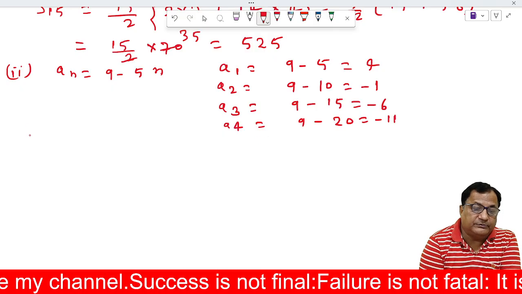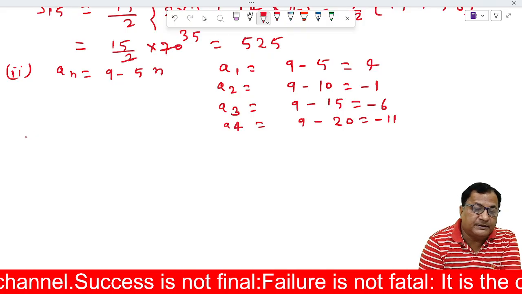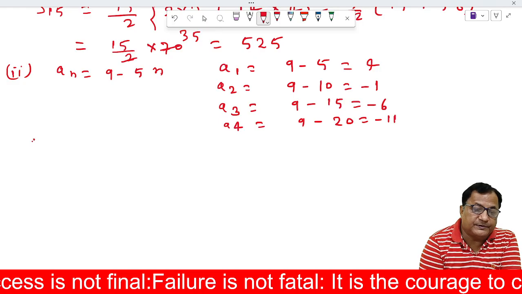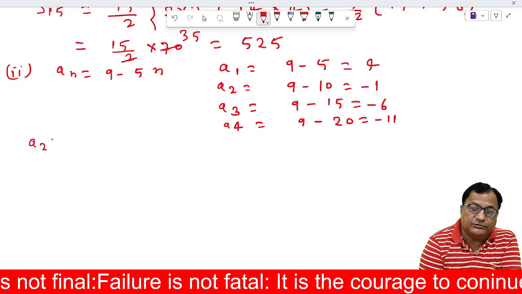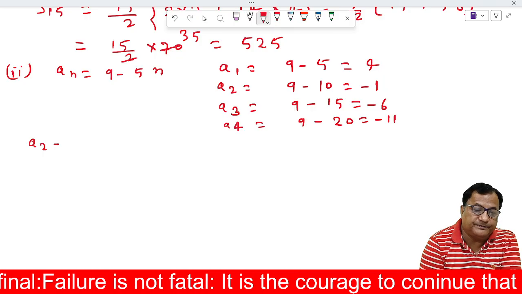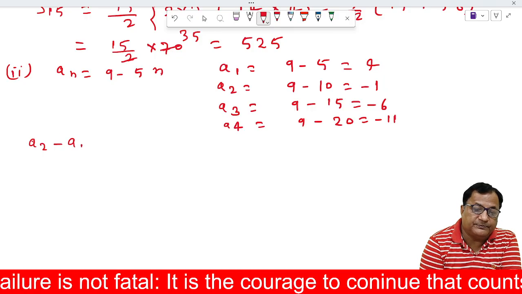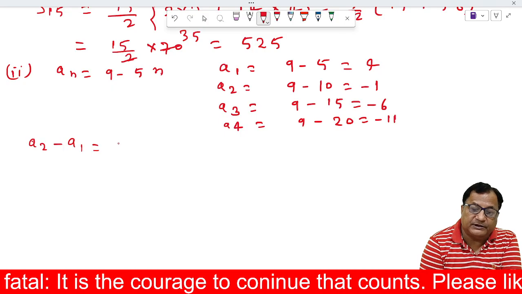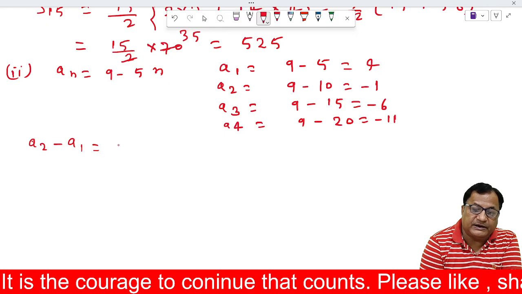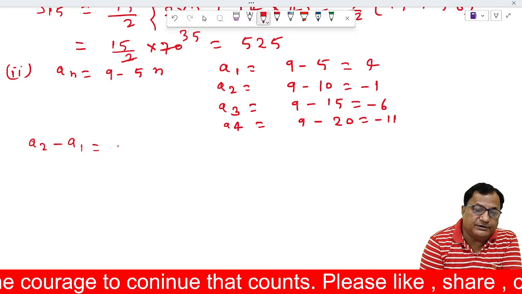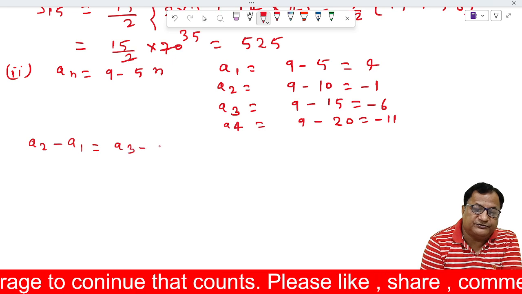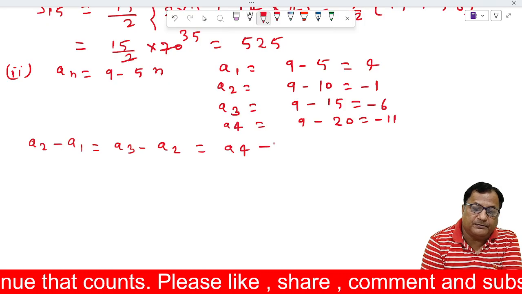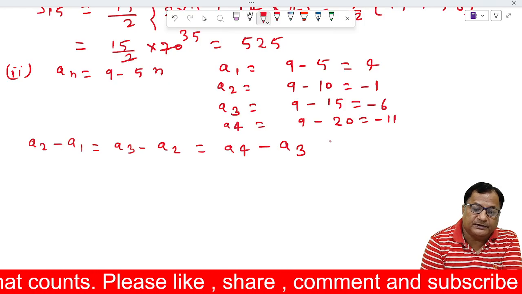Now we will see whether this is in AP or not. So a2 minus a1: if you subtract this, minus 1 and minus 4, we will get minus 5. a3 minus a2 is equal to a4 minus a3.